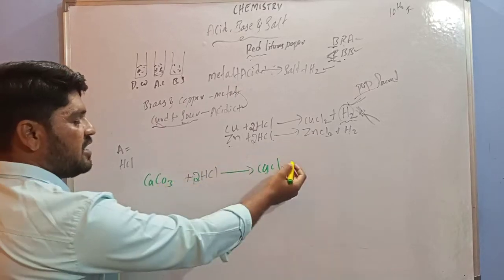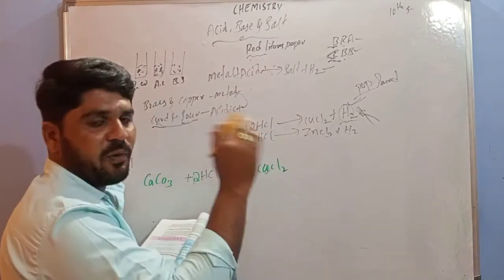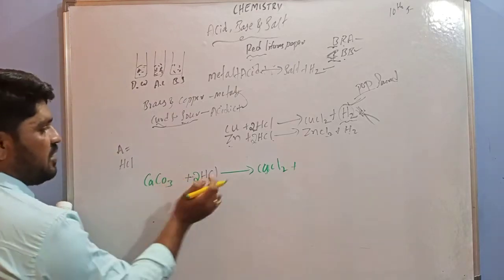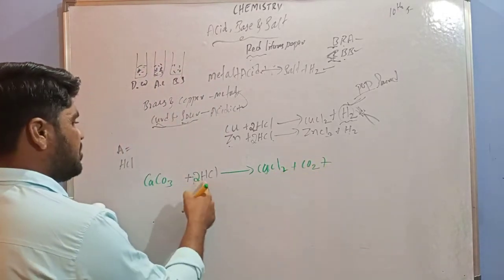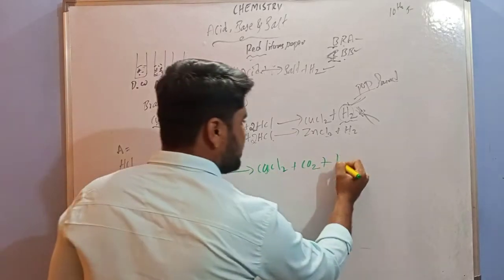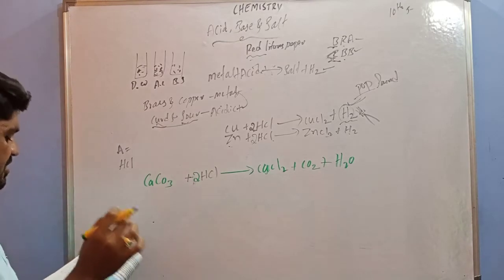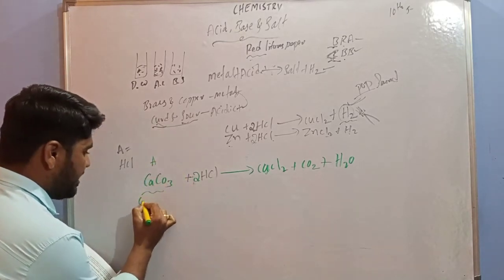Here C is there, but there is no C, and O is 3 with none on the product side. That's why the products are CO2, carbon dioxide, and H2O. So this is the balanced chemical reaction. The compound A is calcium carbonate.